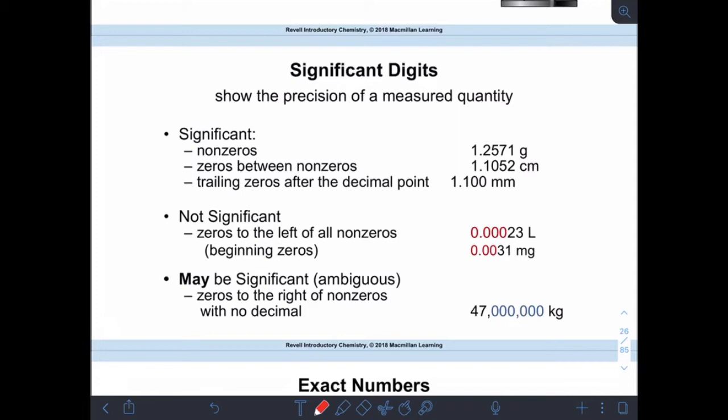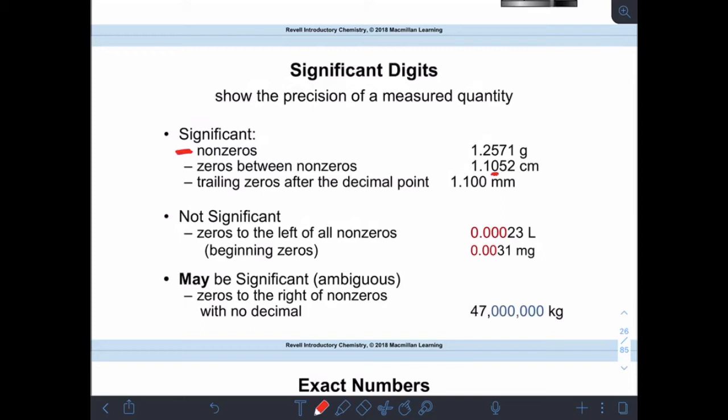Okay, so significant digits first are all non-zeros. Any number that's not a zero is a significant digit. Okay, zeros between non-zeros, so that's talking about like this 0 right between the 1 and the 5, are significant.